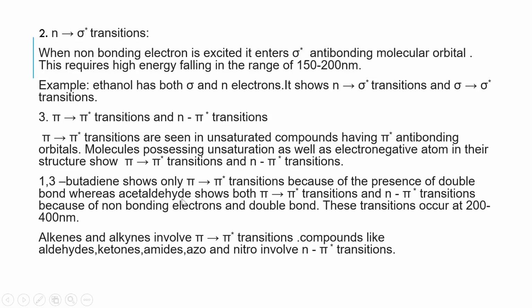Acetaldehyde contains both pi electrons and non-bonding electrons, so it shows both pi to pi star and n to pi star transitions. These transitions occur at 200 to 400 nanometers. Alkenes and alkynes exhibit pi to pi star transitions. Aldehydes, ketones, amides, azo, and nitro compounds give n to pi star because they contain non-bonding electrons and pi electrons.